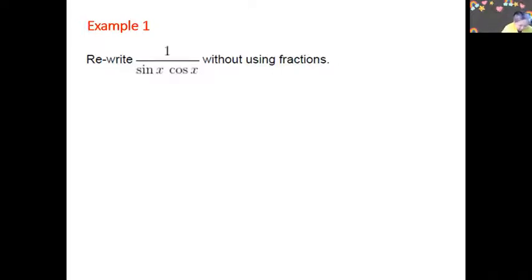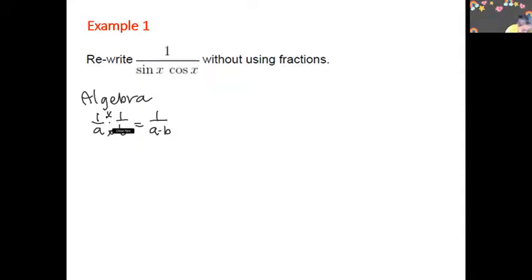The first thing I notice here is it's 1 over sine x times cosine x, right? Then in algebra, 1 over a times 1 over b is 1 over a times b. 1 times 1, and then a times b, like that, right?